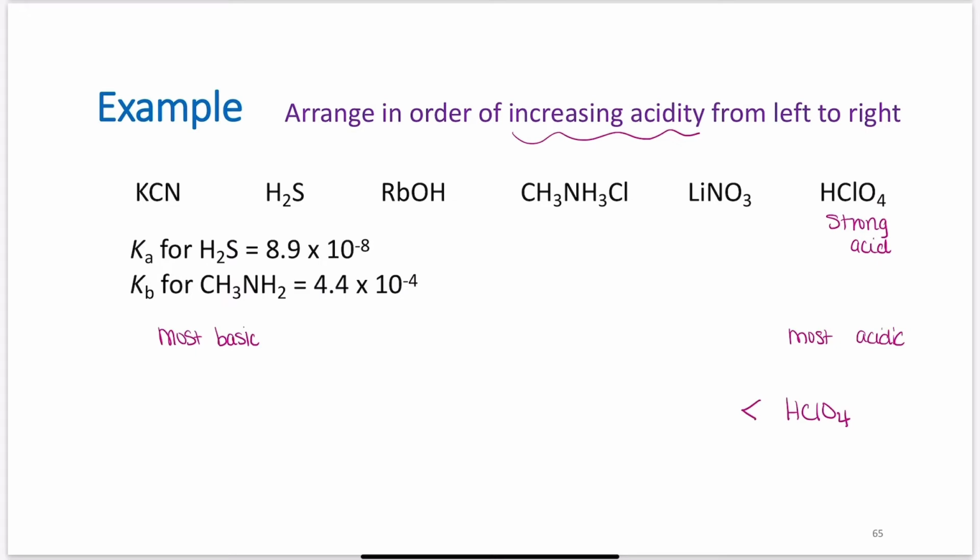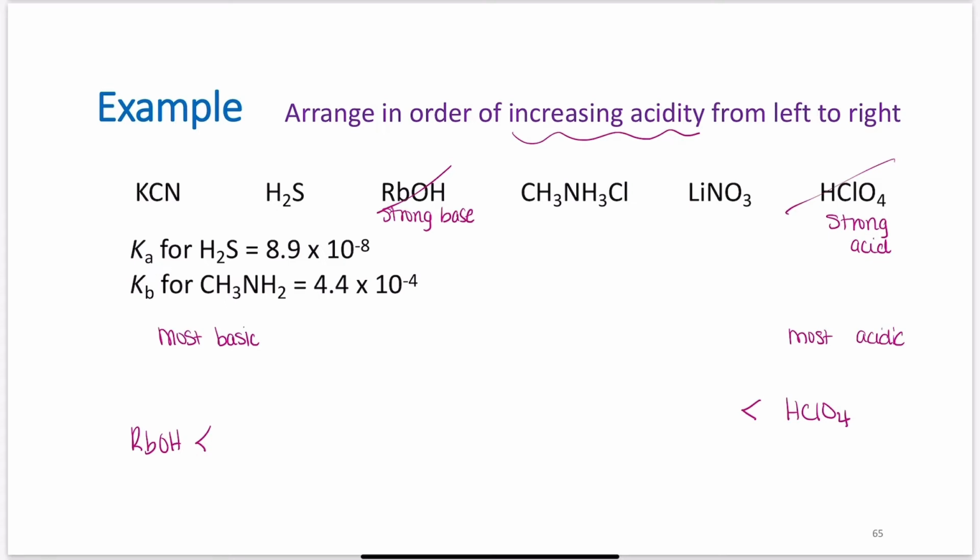How about strong bases? I know how to find those off my table. They're my alkali metal hydroxides and my alkaline earth hydroxides. I only have one. Rubidium hydroxide is a strong base. Okay, so now I've gotten rid of these two. I should decide on everything else.